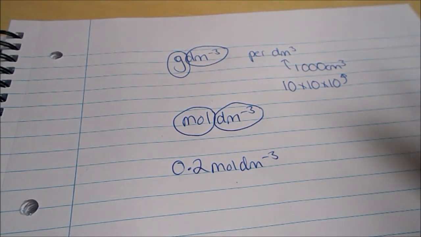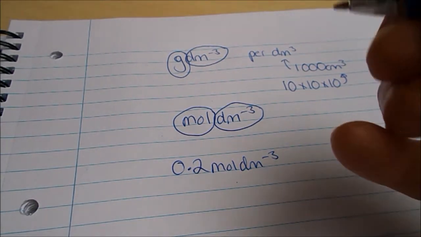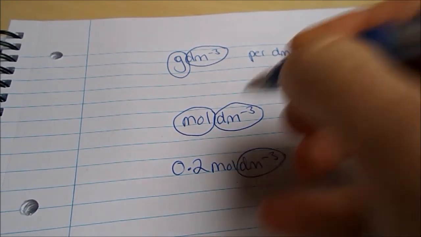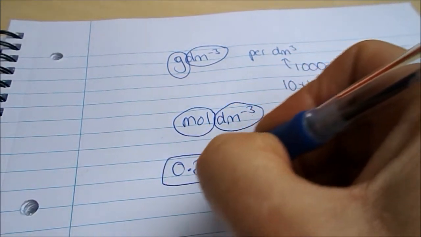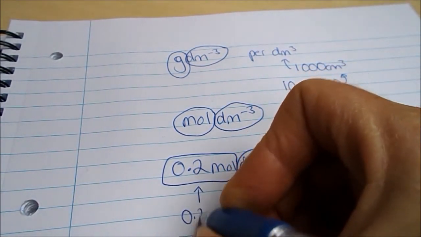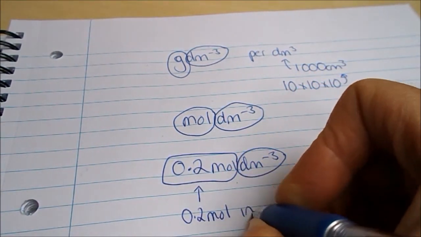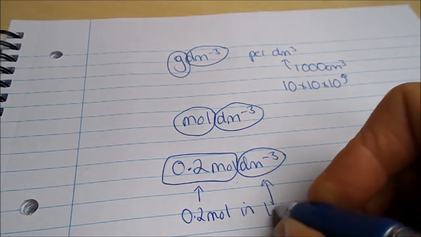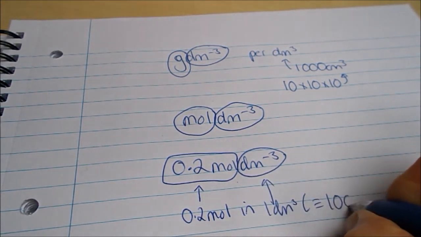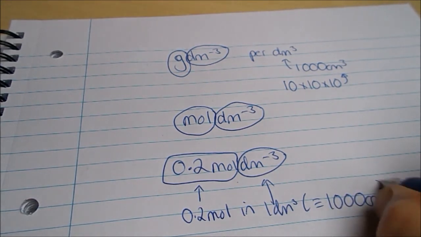So again, we need to decipher that. What does that actually mean? That means that if we had 1 whole decimeter cubed, we would have 0.2 moles in it. So 0.2 moles in 1 decimeter cubed, which is equal to 1,000 centimeters cubed.